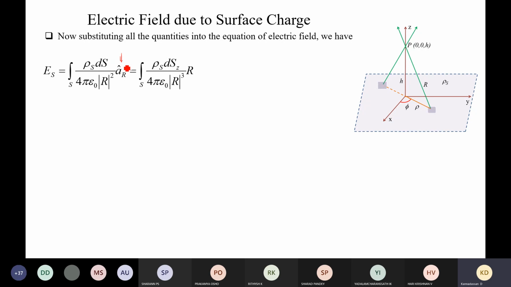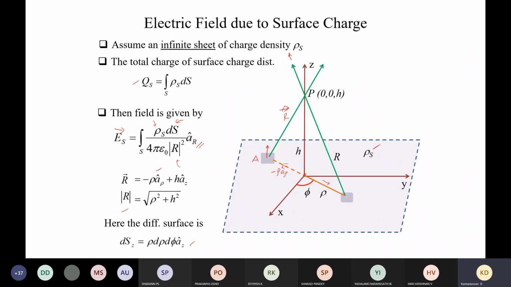We know that aR vector is nothing but R vector divided by R. So this R into R squared becomes R cubed. I believe you can easily understand that. Now we have to substitute whatever is known: we know the R vector, and then we know the dS vector. So we are going to substitute both.